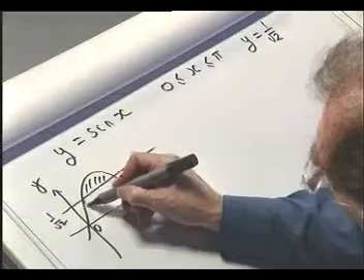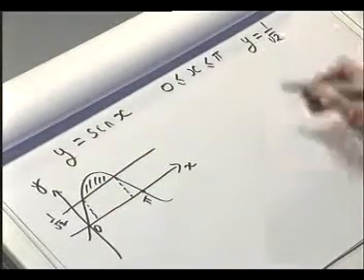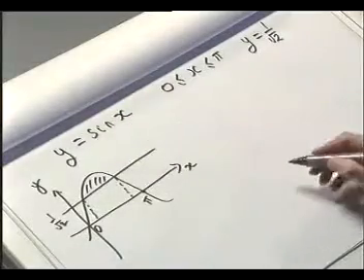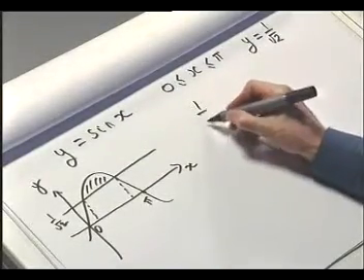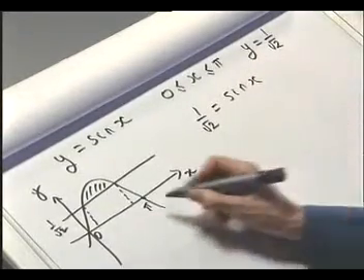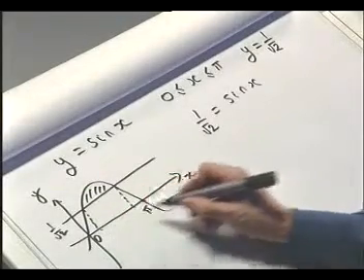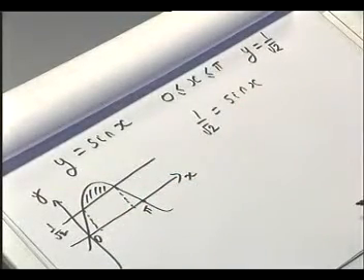What we need to know is, what are these values of x? Well, y is equal to 1 over root 2 and y is equal to sine x. So 1 over root 2 is equal to sine x where they meet. So the values of x will be the solutions to this equation.